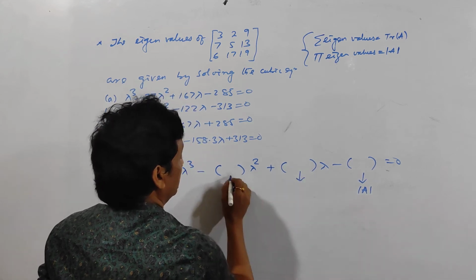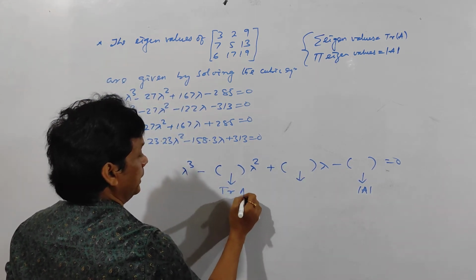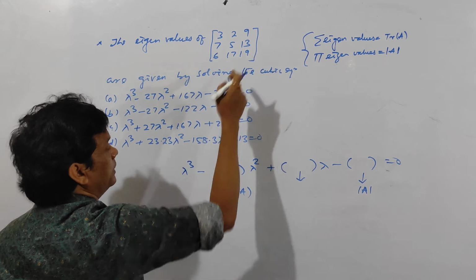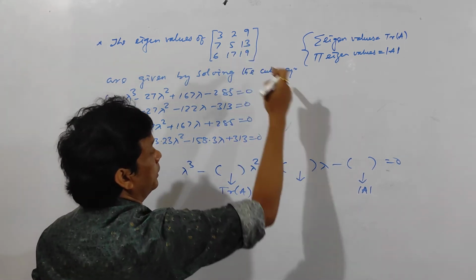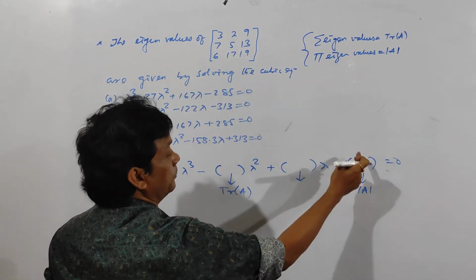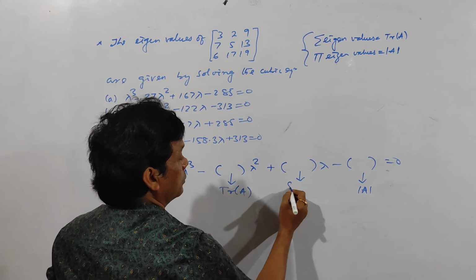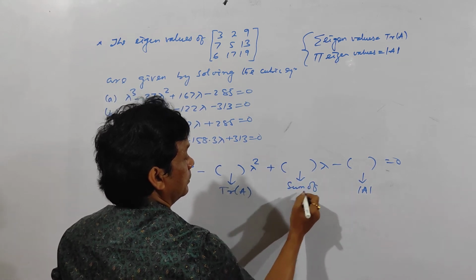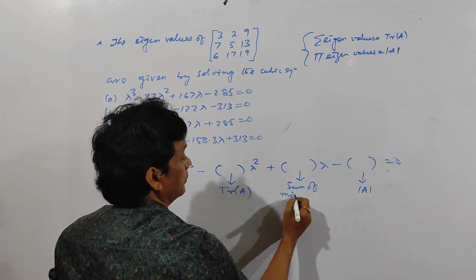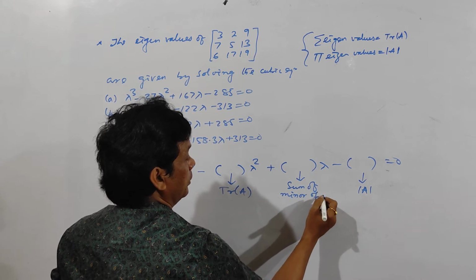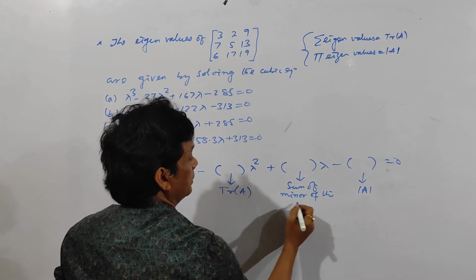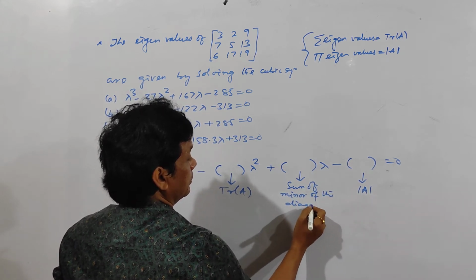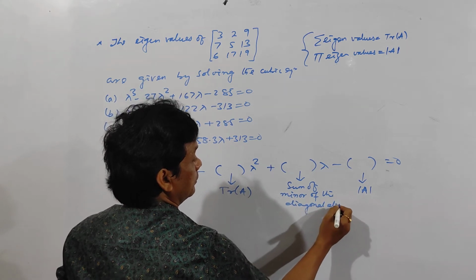And this one is trace of A. Trace of A means sum of the diagonal elements. You should write here, and here you have to find out the determinant of A, and these are the sum of minors of the diagonal elements. Clear?